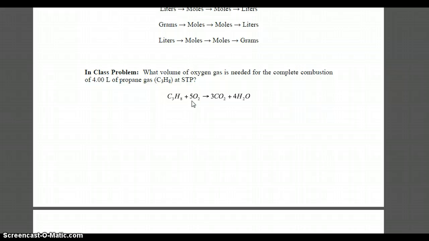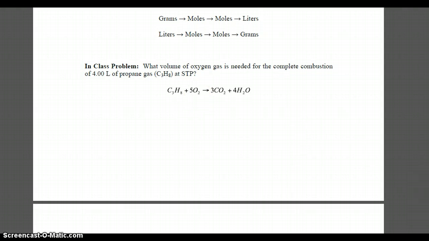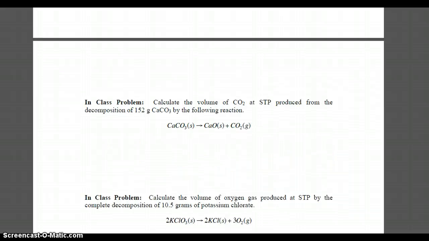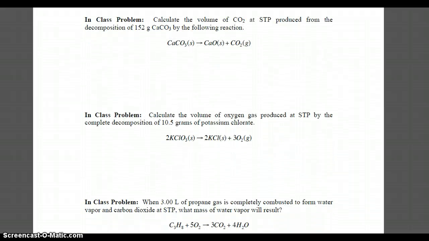Okay, so when you've done that particular problem, you should get an answer of 20.0 liters of O2. Okay, so scroll on down. So in the second problem, it says calculate the volume of CO2 at STP produced from the decomposition of 152 grams of calcium carbonate by the following reaction.